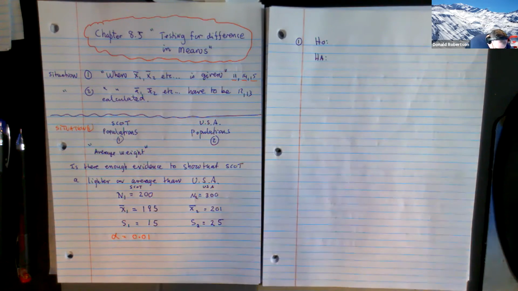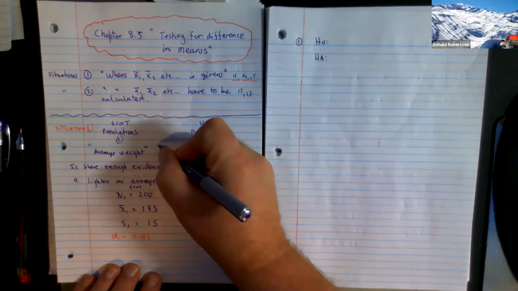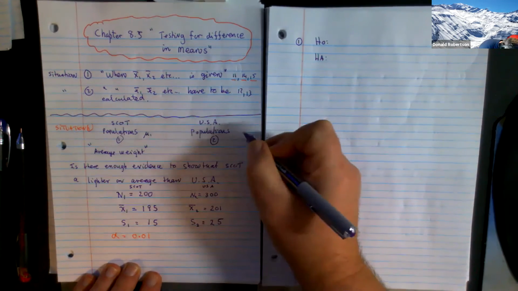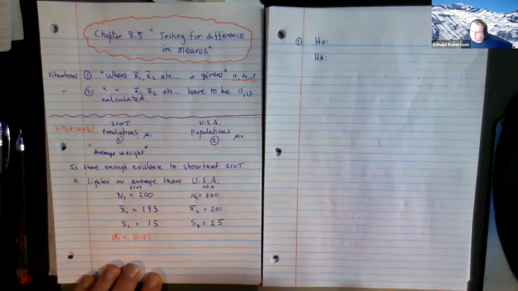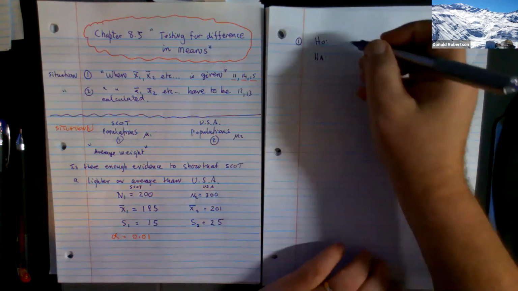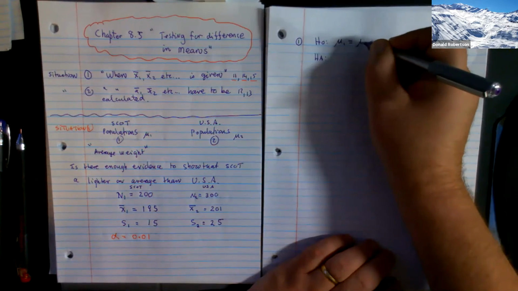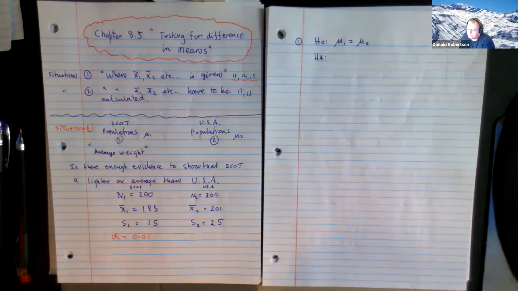Now, when you do means, right, they're called mu1 and mu2. Remember, the mu means the mean of the population. So the null hypothesis will always be that the 2 populations have the same mean.